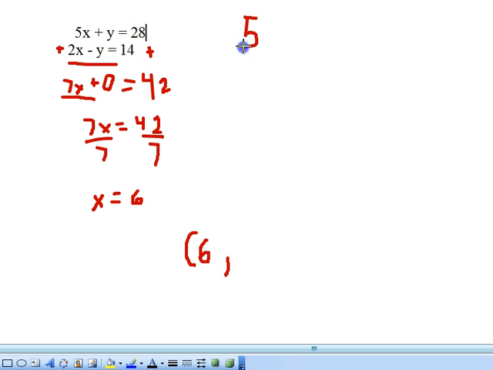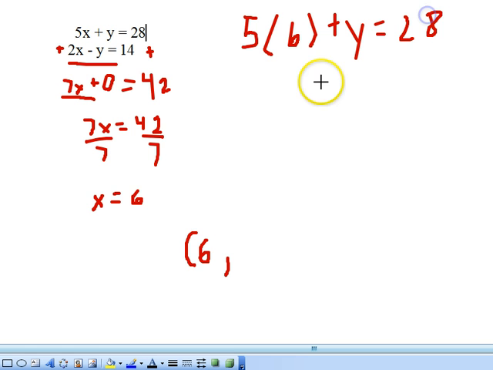5 times 6 plus y equals 28. Okay, so 5 times 6 is 30, plus y equals 28.